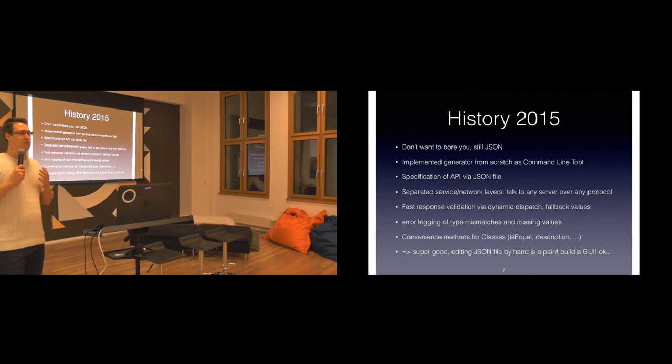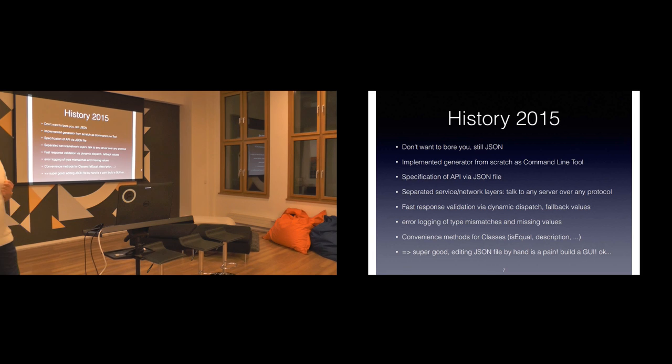And so I had a super good tool, but there was one problem: editing the description of the service in a JSON file is really a pain because it's so verbose, and you have to put these commas and quotes and everything, and you have to remember, is it int or integer, or is it capital I or small i? I don't know, maybe I can look somewhere else in the file where I've used an integer to find out how I have to define it, because this was not really clear.